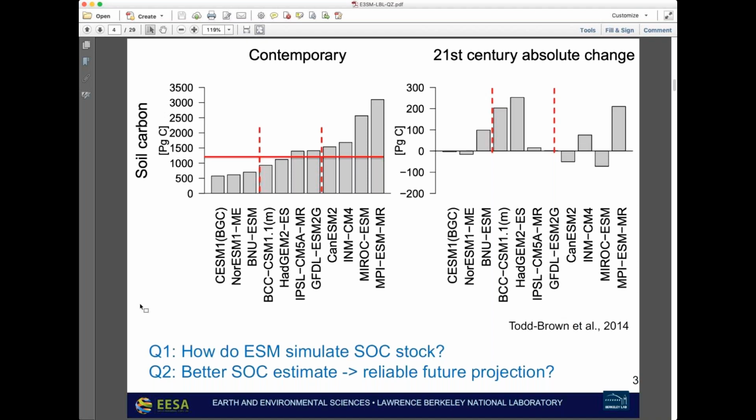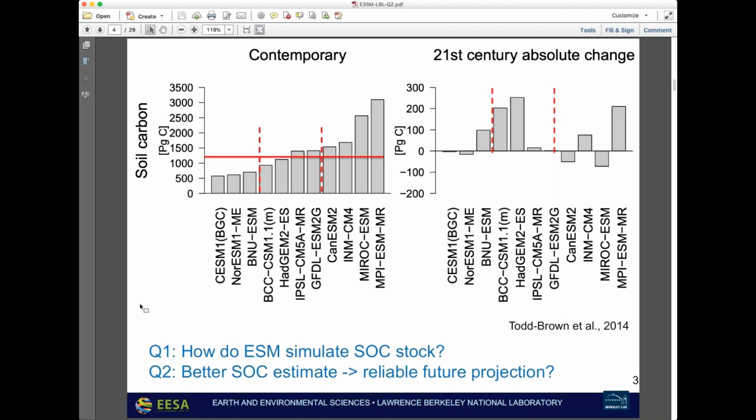So we know down to 1 meter the soil carbon stock, although it's highly uncertain, is around maybe 1,200 or 1,300 petagram. So we can put a threshold there, the horizontal red line, and then we can identify some of the Earth system models that might be more reliable, more realistic in terms of simulating the soil carbon stock.